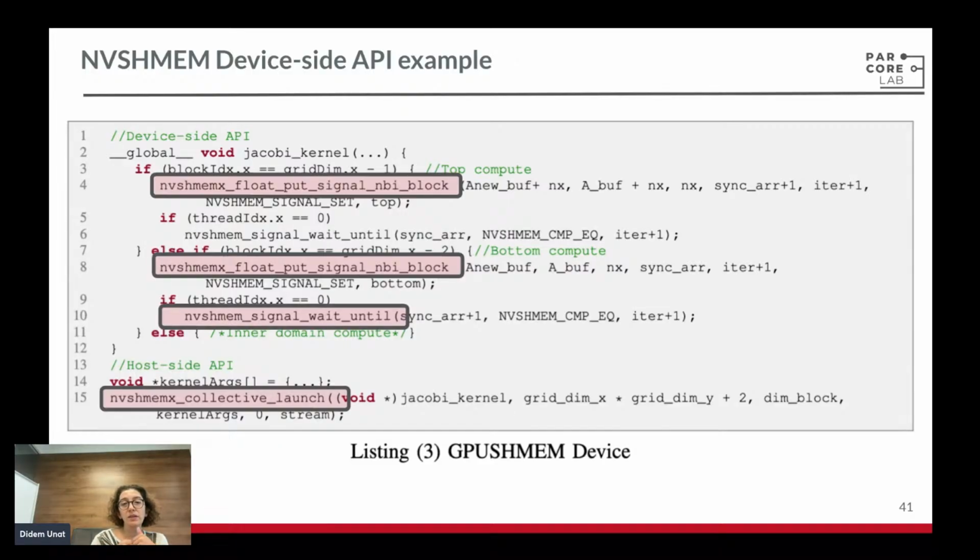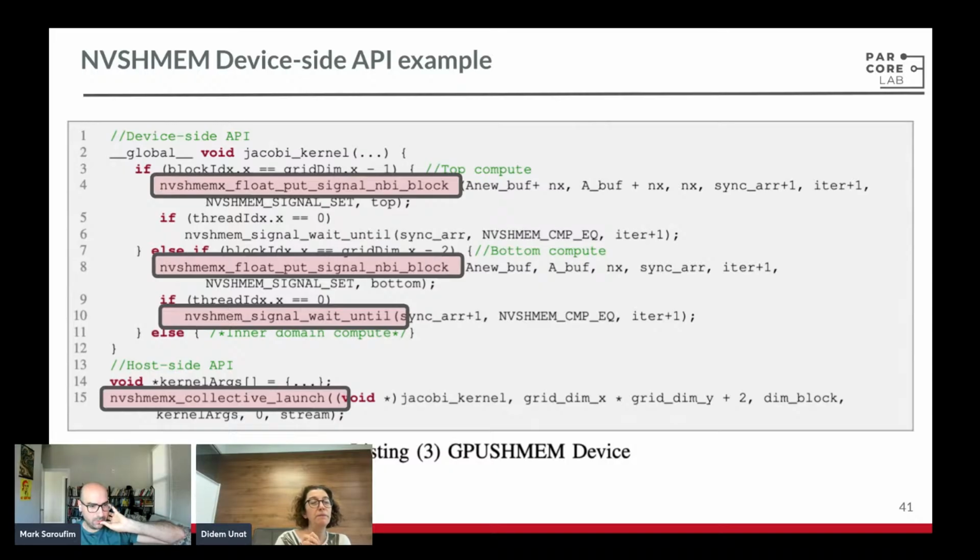In order to prevent those, you need to use signal waits, some sort of synchronization in NVSHMEM, to make sure the memory ordering, or the communication ordering, is correct. Another thing is you need to use this collective launch so that you can use the signal wait operations on the device side.